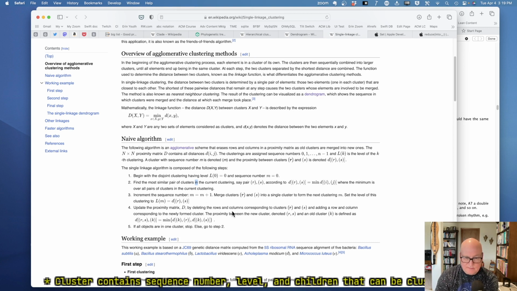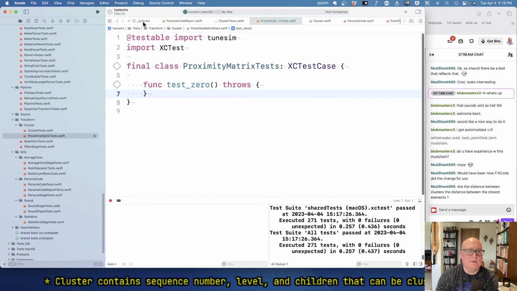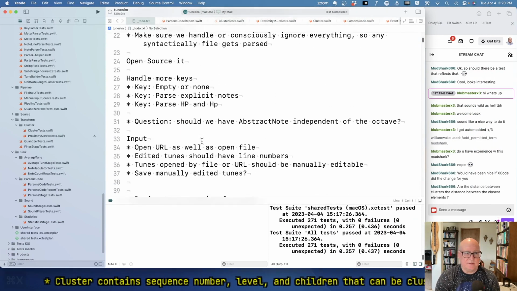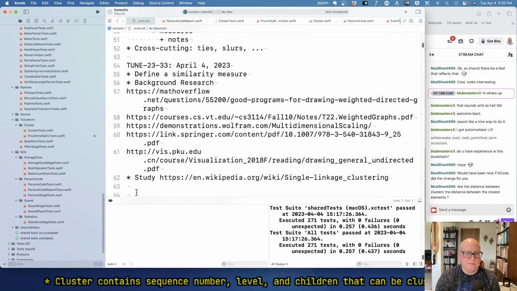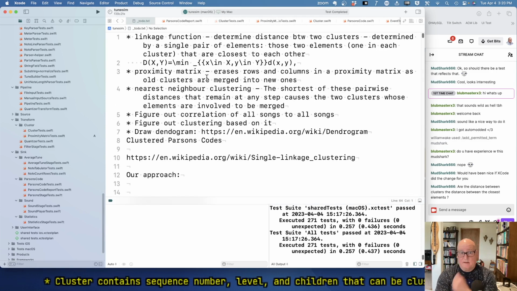And the other thing we have to do is remove and add rows and columns. Okay, so let's make our to-do. We've got at least a start on this one. Well, let's make this function first.